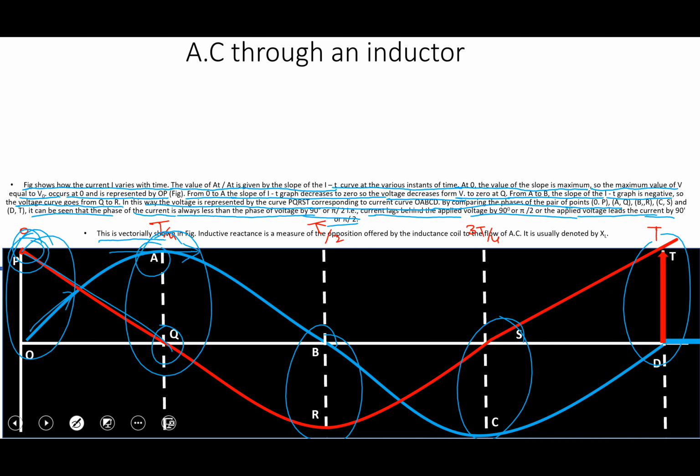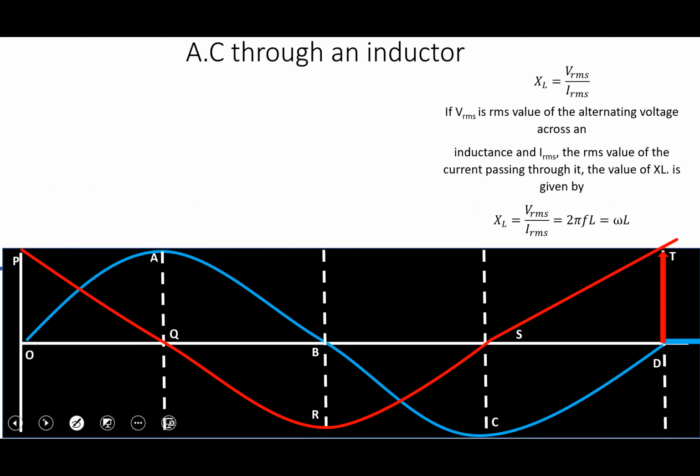This vectorially shows the inductive reactance, the measure of opposition offered by the inductance to the flow of alternating current. It is usually denoted by XL. What is XL? XL is equal to Vrms divided by Irms, where Vrms is the root mean square value of the alternating voltage across an inductance, and Irms is the root mean square value of the current passing through it.